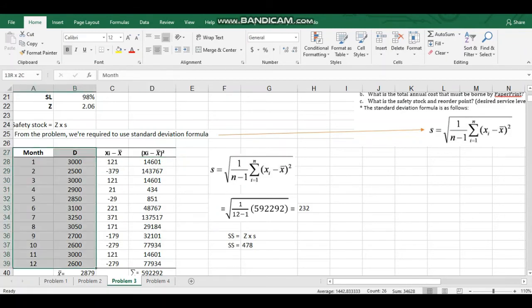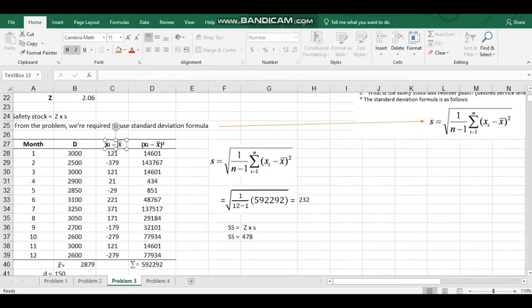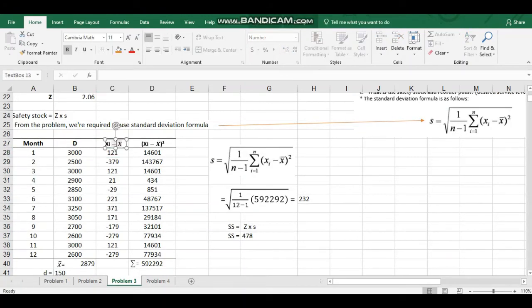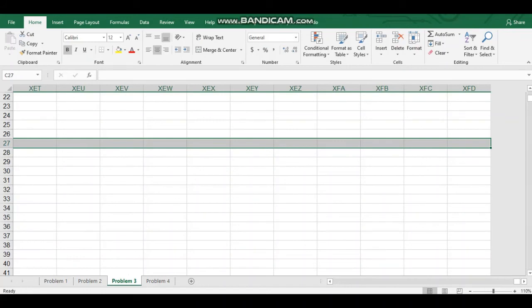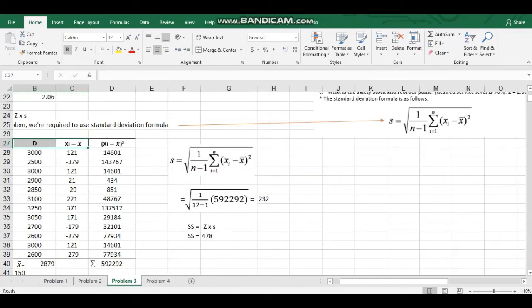For month and the demand, it's already given in the problem sheet, and then we just have to find these two columns.